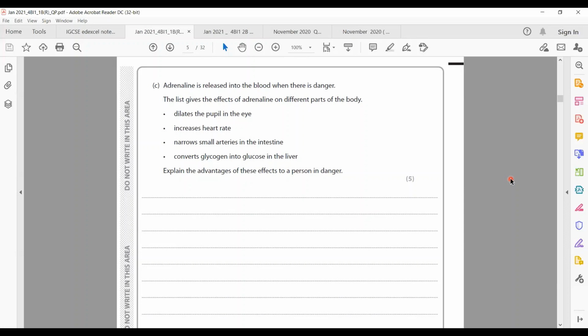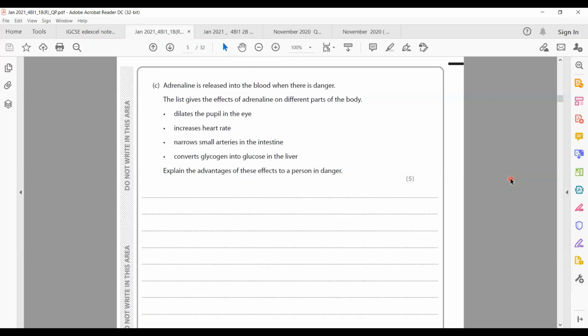That's why we need more blood in the muscles of the leg in order to run away. The small arteries of the intestine narrow in order to save the blood, or to divert the blood to the muscles of the leg.